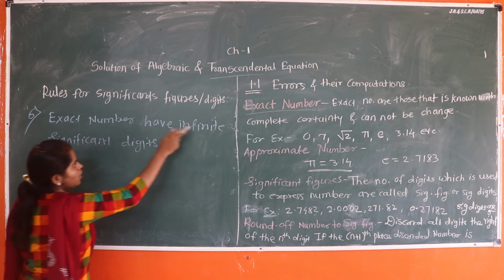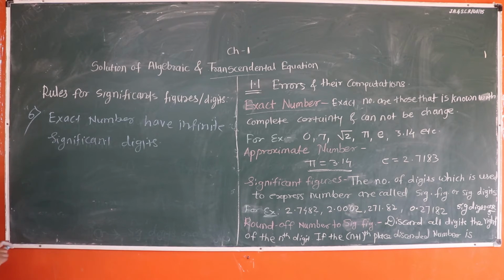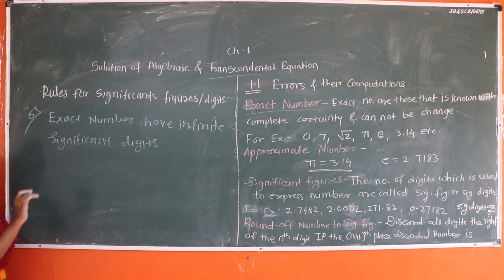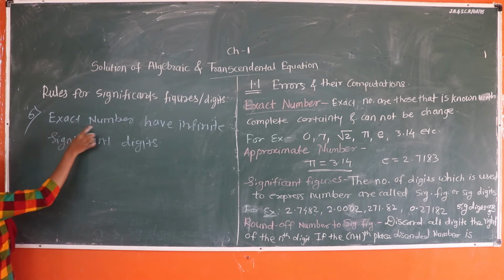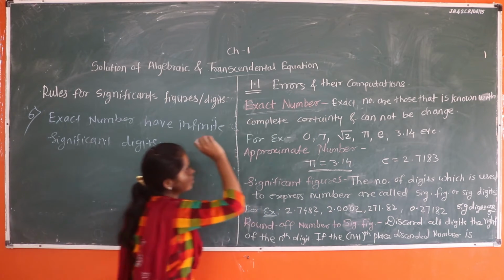Exact numbers have infinite significant digits. It means we see the fourth rule, trailing 0 counts as significant. For exact numbers, we see the definition of exact number.